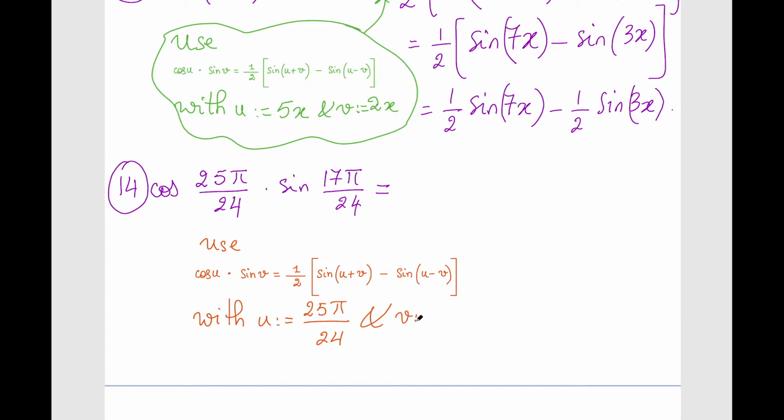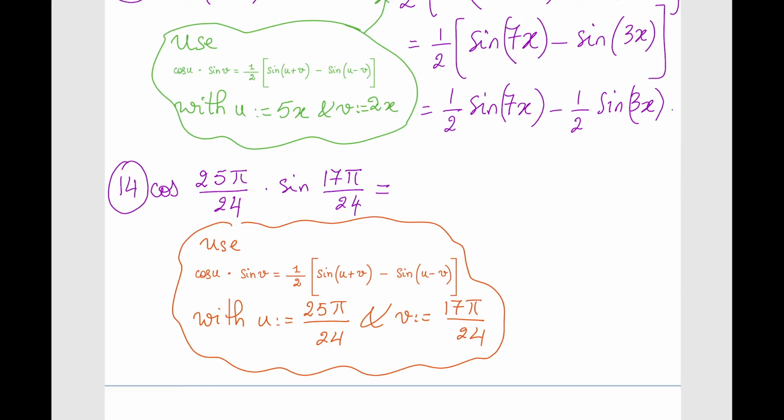And the v is the angle that sine is acting on, so it's going to be 17 pi over 24 here. So this is my package of ammunition to tackle this question.